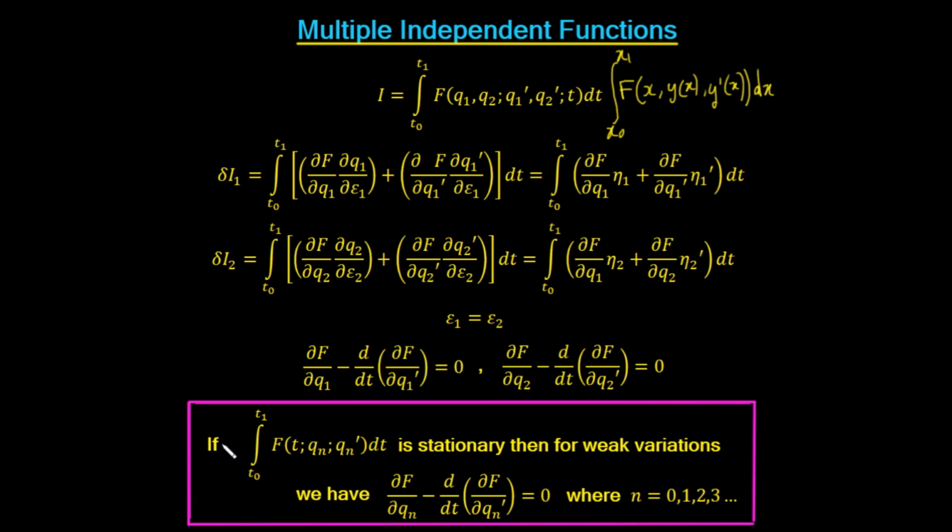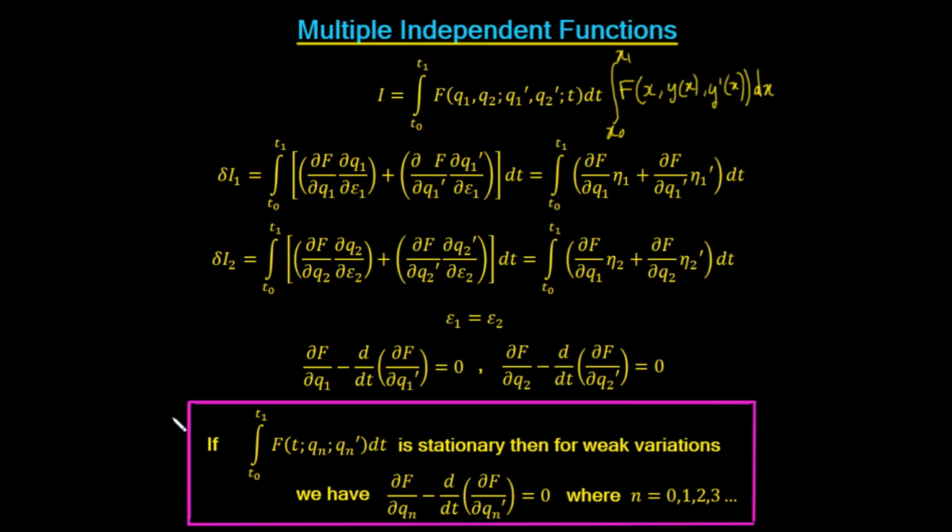So we can say that if the integral from t0 to t1 of our function of an independent variable t and our functions qn and qn dash by dt is stationary for weak extremums, then we can write out this general form for our Euler-Lagrange equation, and we're just replacing our q1, q2 with the values qn and qn dash, where n is equal to 0, 1, 2, 3.